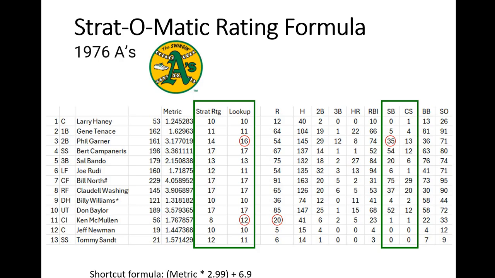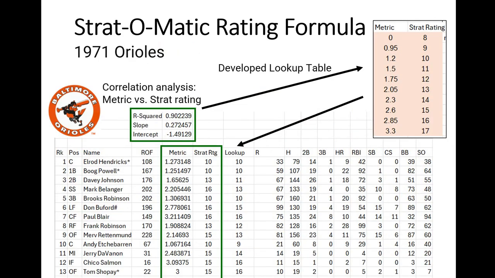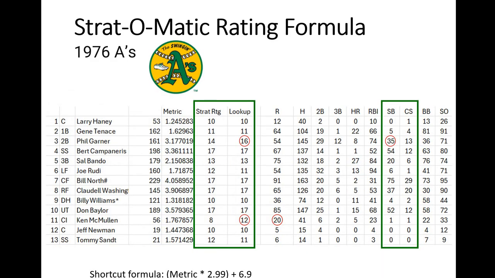And then I applied the same lookup table that we saw on the prior page here. I applied that lookup table to the metrics here under the logo, and I looked up all the ratings. And you can see once again, even with these A's, the ratings match the strat ratings quite closely in most cases. I did circle a couple of exceptions.